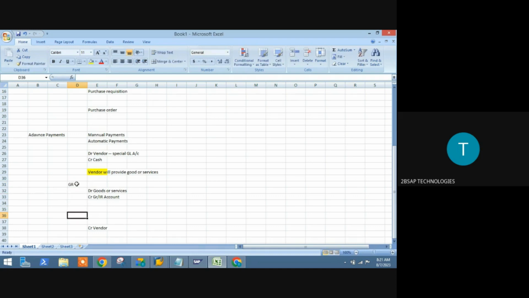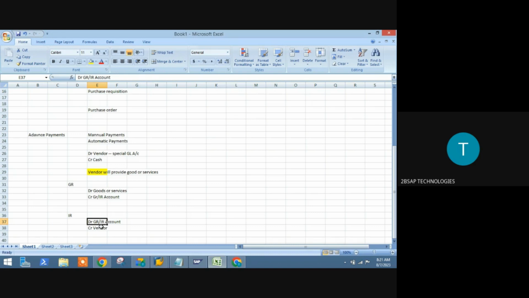Now you are going to get the invoice receipt. So for the invoice receipt, what are you going to do? Debit GRIR account and credit the vendor. Here, at the time of goods receipt and at the time of invoice receipt, your GRIR value never changes.